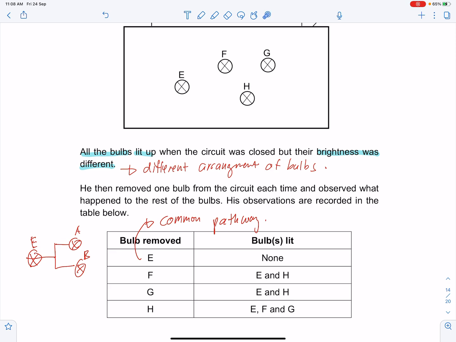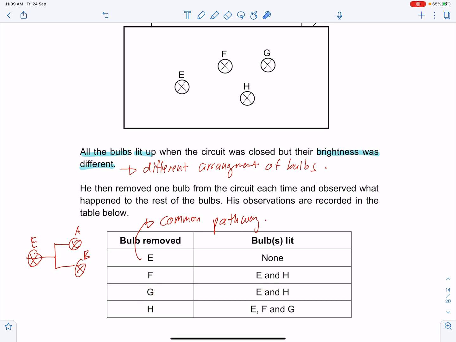Why? Because the minute this is gone, this is an open circuit. These two also will not light up. So this is a common pathway. So my E, when I put it in an arrangement, definitely needs to be a common pathway. And then they tell me if I remove F, E and H will light up, and if I remove G, E and H will light up.